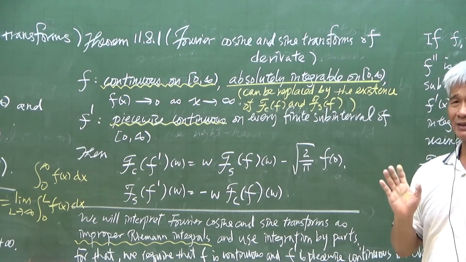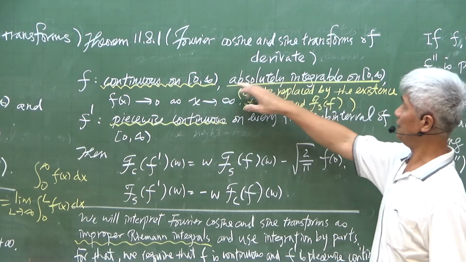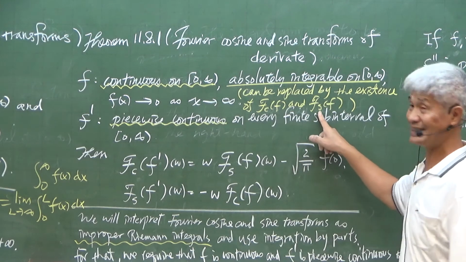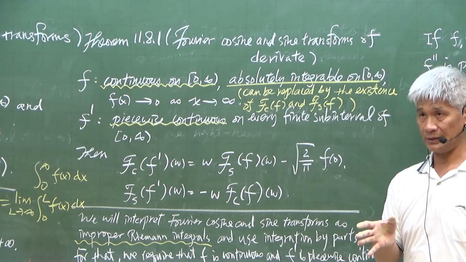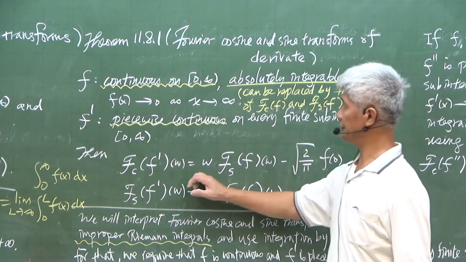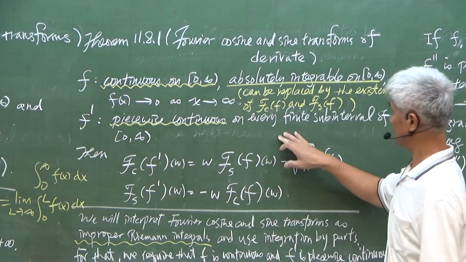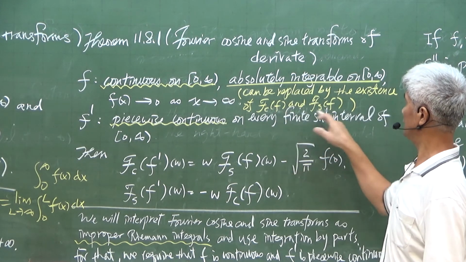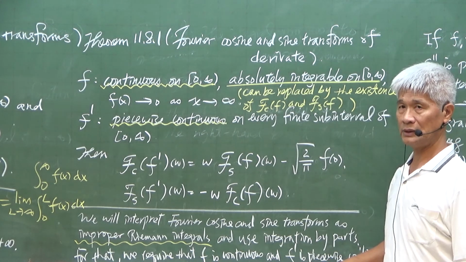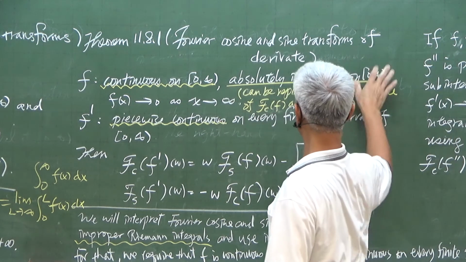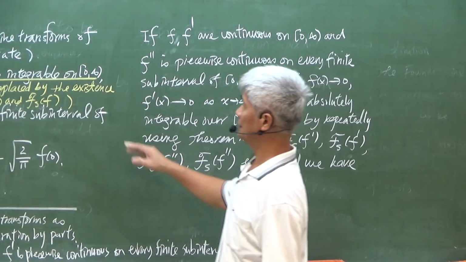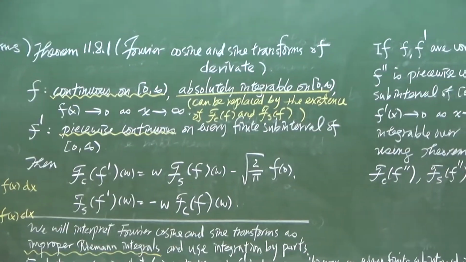This is a little bit weaker. Because if f is absolutely integrable, we know the Fourier cosine transform exists and the Fourier sine transform exists. But actually, to prove this theorem, we just need that these two exist, so we can replace it. And this replacement is important when we apply the theorem to the second derivative case.